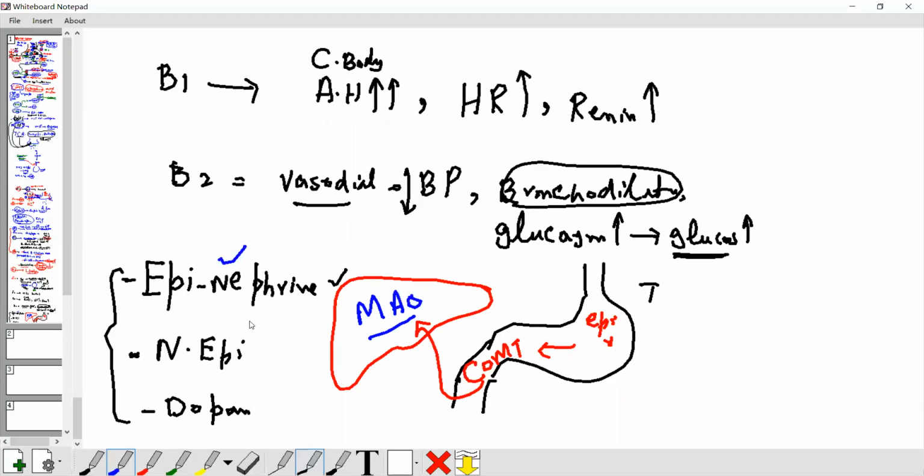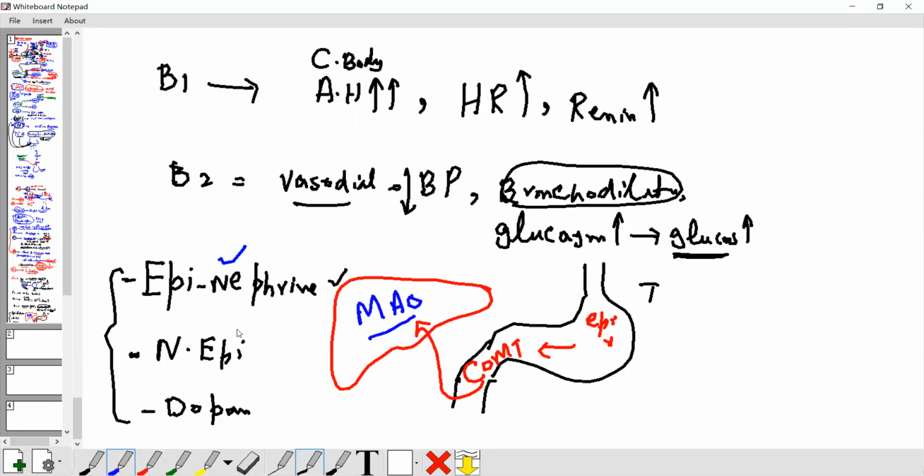Can you take oral epinephrine? No. Never use oral. Norepinephrine is never used orally. Dopamine we never use orally. Understand? Why? Because inside the intestine we have COMT. What is the function of COMT? Breakdown of epinephrine or norepinephrine. Clear? And the enzyme present inside the liver also breaks it down.